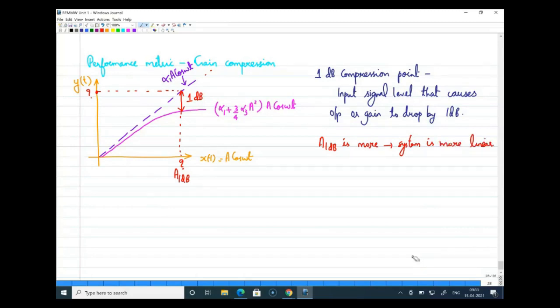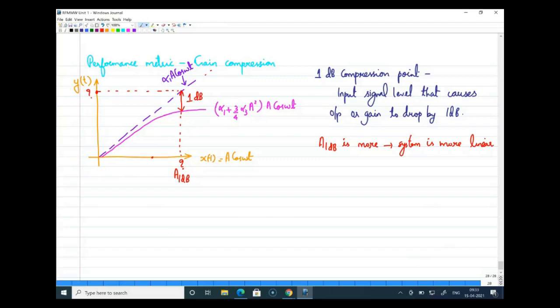Say for example, for a specific system, this is your 1 dB compression point. That means the input signal level that causes your output to drop by 1 dB is happening only here, right? Now for some other system, if this 1 dB compression point is somewhere here, what can I say about that system?